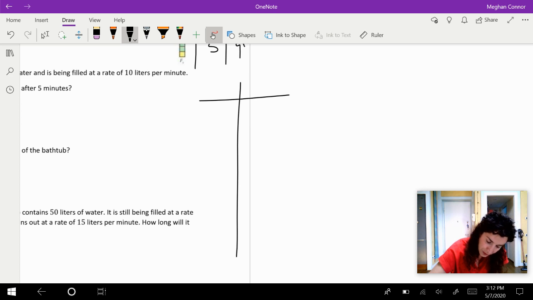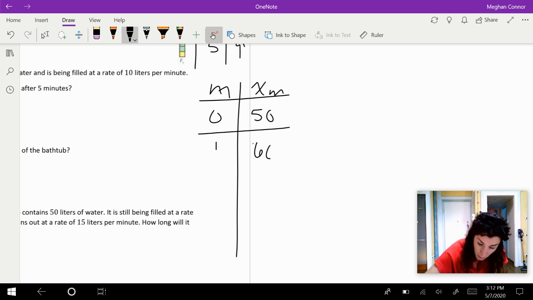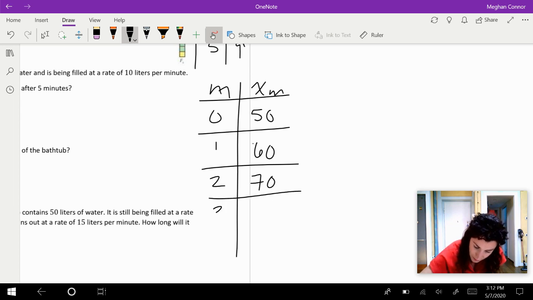so we'll do n, let's do m actually, and then x sub m. At 0 minutes, I have 50 liters. At 1 minute, I have 10 more, so that's 60 liters. At 2 minutes, I have 70 liters. 3, I have 80. 4, I have 90.